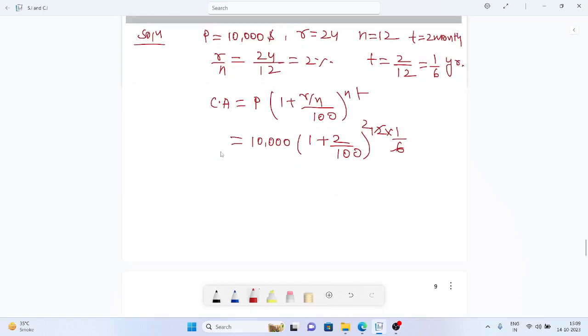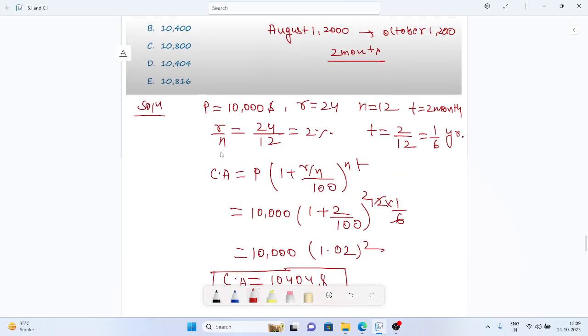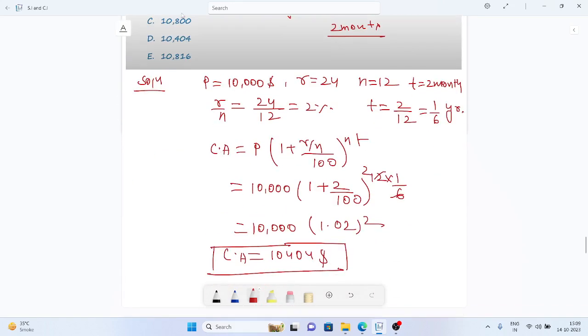That is 10,000 into 1.02 squared, and here you get the amount is $10,404. This compound amount you got after the 2 months. So the answer is D. You got this question? Got it?